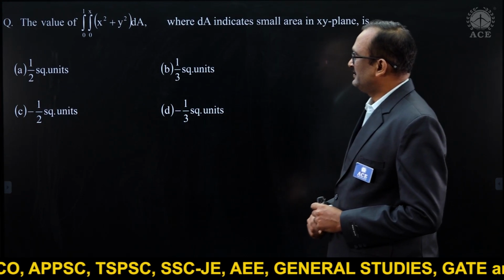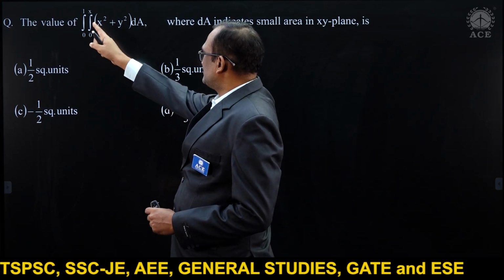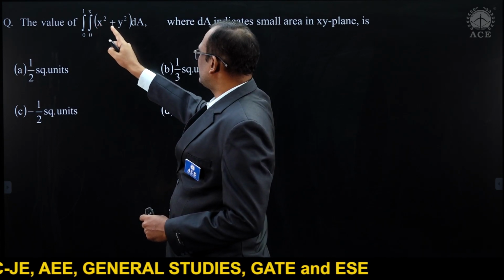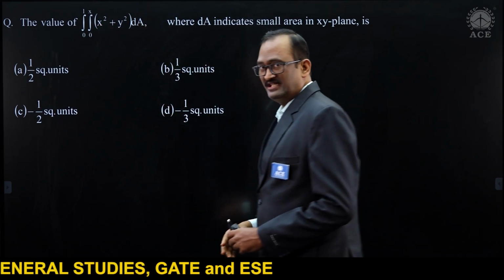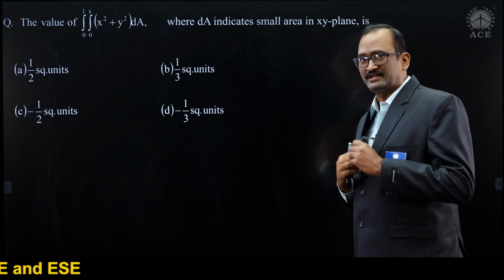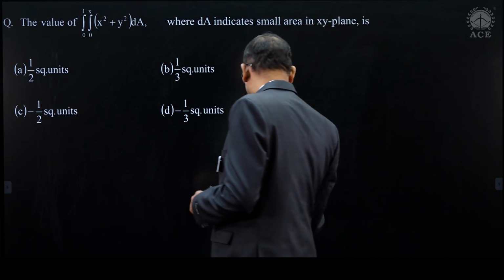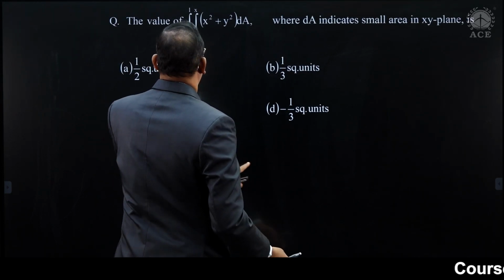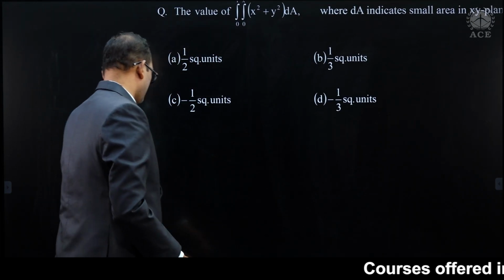Regarding the first problem, the value of the integral 0 to 1, integral 0 to x, of x square plus y square dA. dA means small elemental area. We can also write it as dx dy. Let us take the question.